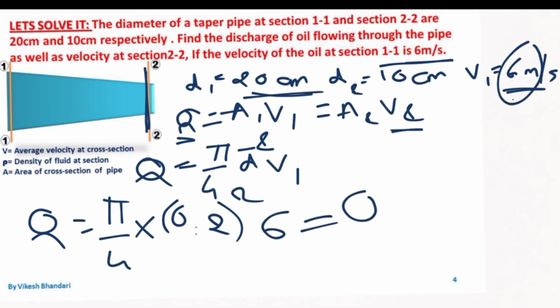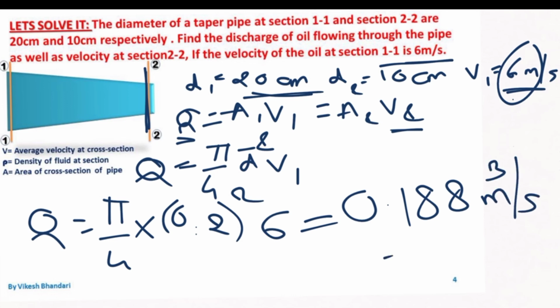I am going to get 0.188 meter cube per second. This is the discharge. That means at section 1 and at section 2, this is the discharge I am going to get.